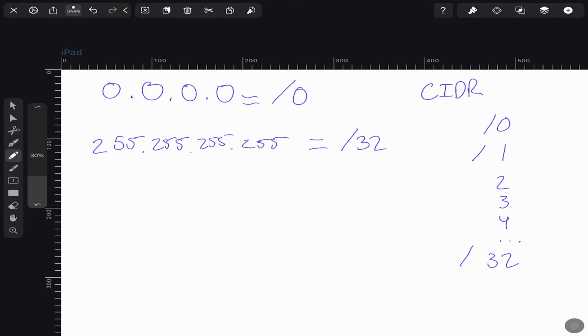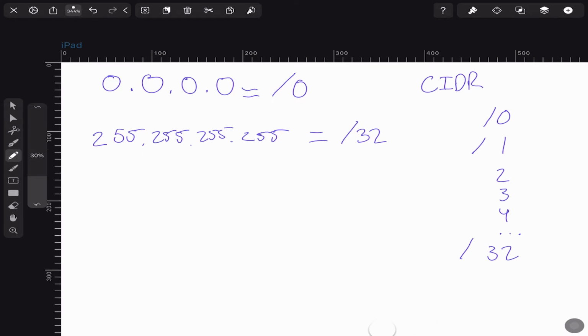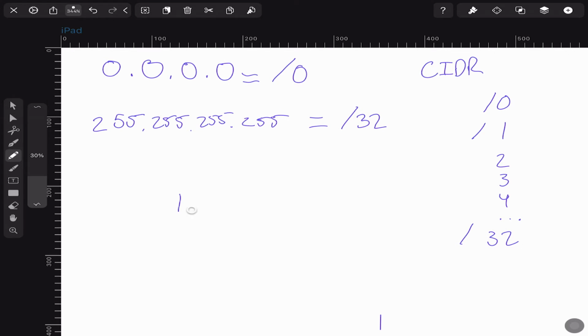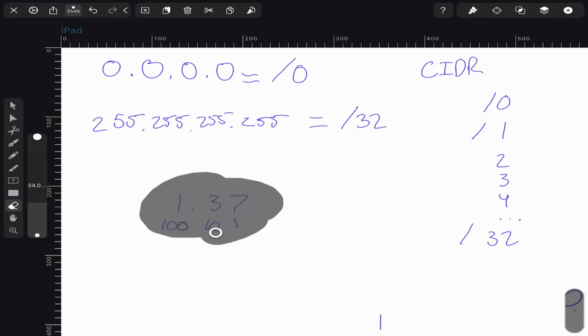It's our normal human numerical system, which is powers of 10. When we have something like $1.37, I can tell you that the 7 is in the ones place, the 3 is in the tens place, and the dollar is 100 cents. That's just our regular number system.